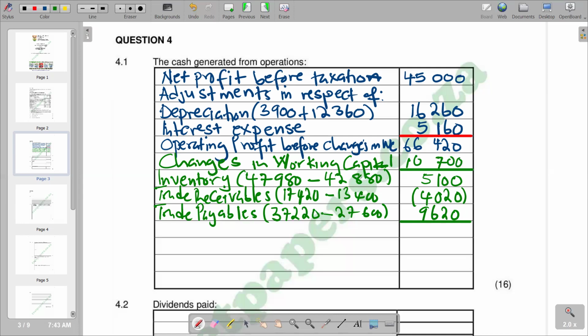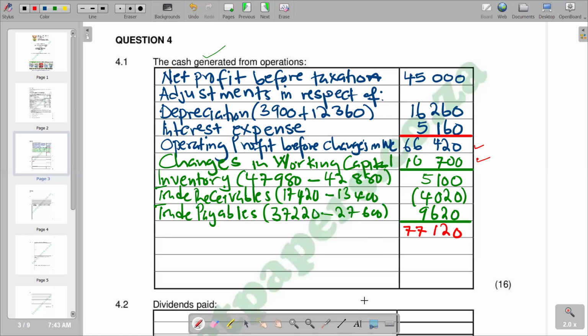And from there, we now need to calculate the cash generated from operations. Remember, we are calculating cash generated from operations. So to get it, we are now going to say 66,420 plus 10,700. Then we get a total of 77,120.